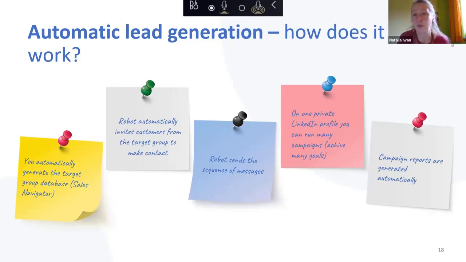Do not leave this to the robot, because if a person answers with a personal message and you don't respond personally, your clients will receive the next automatic communication from the robot and will just go crazy.